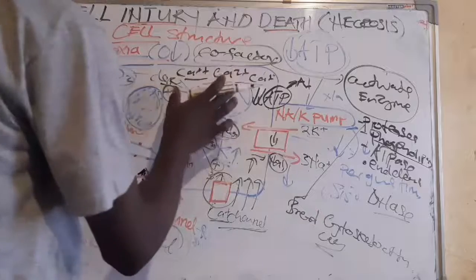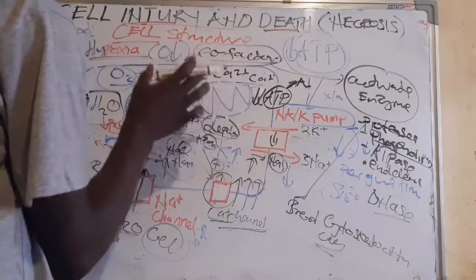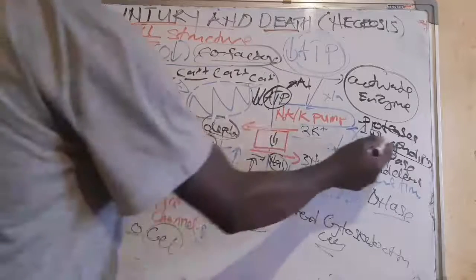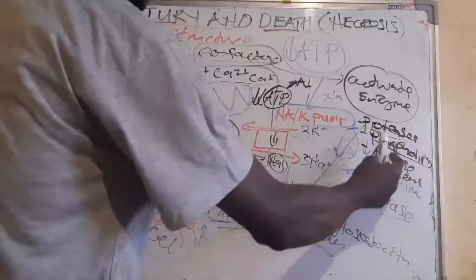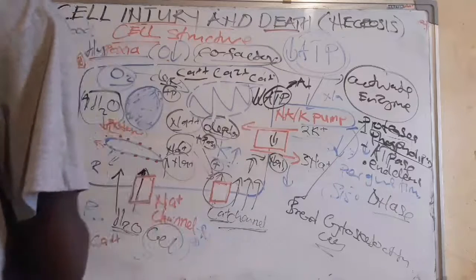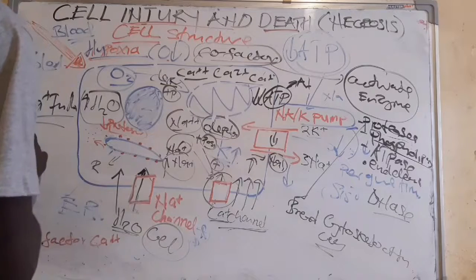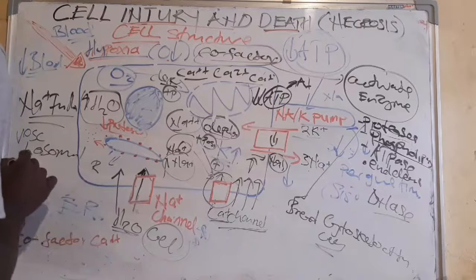So this calcium acts as the cofactor which activates different enzymes of the cell, such as the proteases, phospholipases, ATPase, and the nuclease. Protease breaks down the cytoskeleton. Phospholipase breaks down the membrane of the cell, the membrane of the mitochondria, and also the membrane of the lysosomal vesicle.